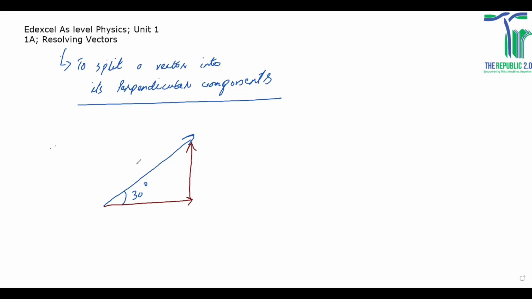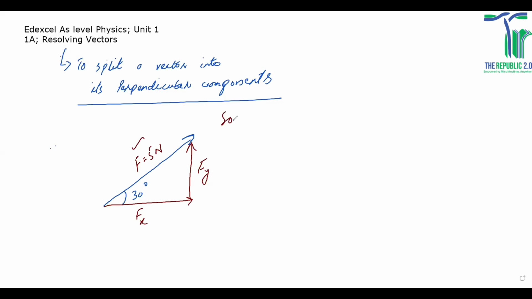So if this is a vector F, and the magnitude of F, for example, is 5 newtons, this is going to be the horizontal component of this vector, and this is going to be the vertical component of this vector.